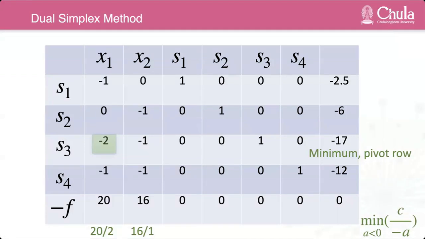You find the most negative coefficient of the objective function. But remember that once you convert the primal to dual, the coefficient of the objective function becomes the right-hand side of the constraint, right? I can show you.